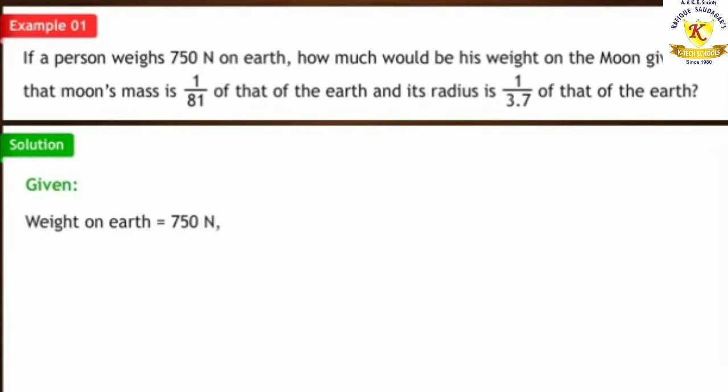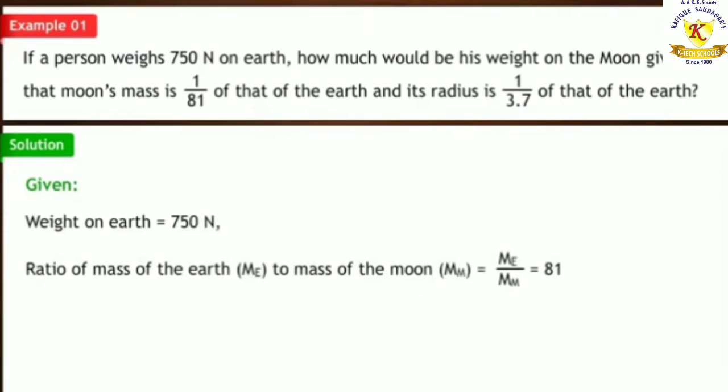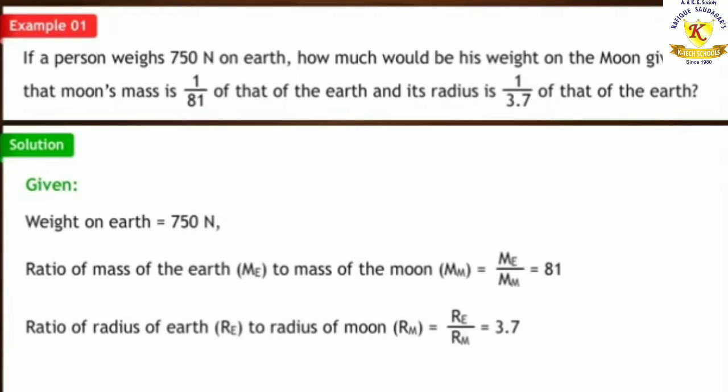Weight on earth is 750 N. Ratio of the mass of the earth Me to the mass of the moon Mm, Me upon Mm, is equal to 81. Ratio of the radius of the earth Re to the radius of the moon Rm, Re upon Rm, is equal to 3.7.